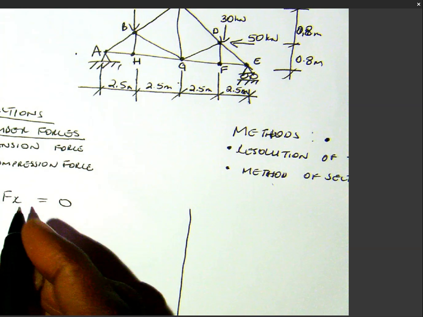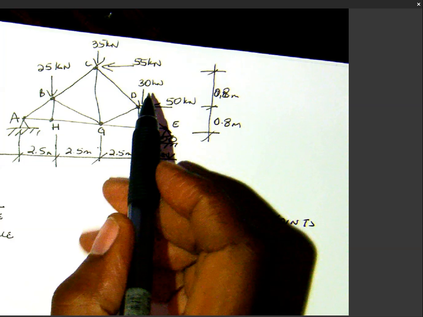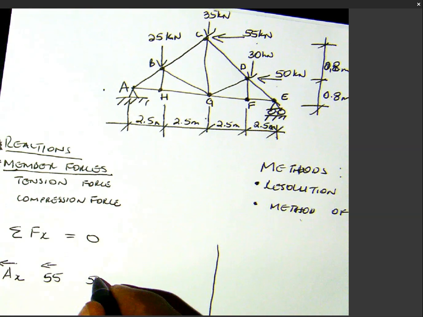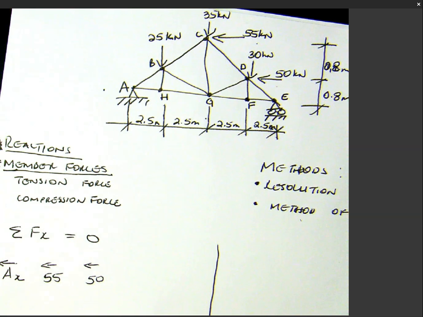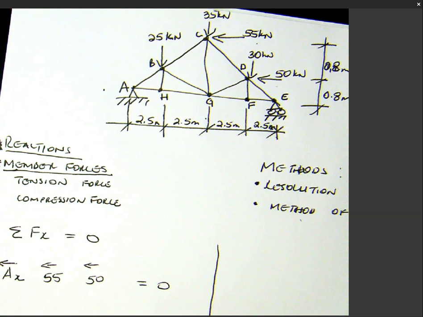That is my assumption. Then I've got the 55 kilonewtons going to the left. I'm not assuming that; it's like that. Then I've got this 50 going to the left, and those are the only horizontal forces I have, and that must give me 0. Because they're all going in the same direction, I can just say plus plus plus.